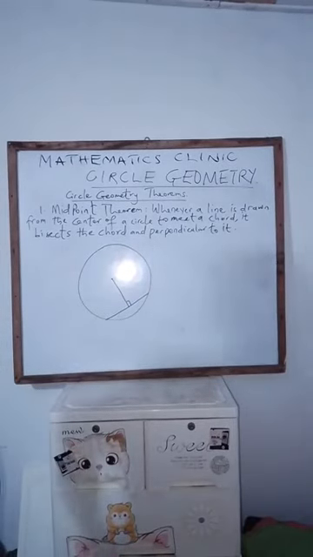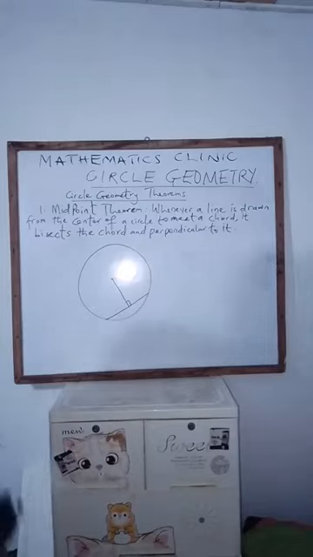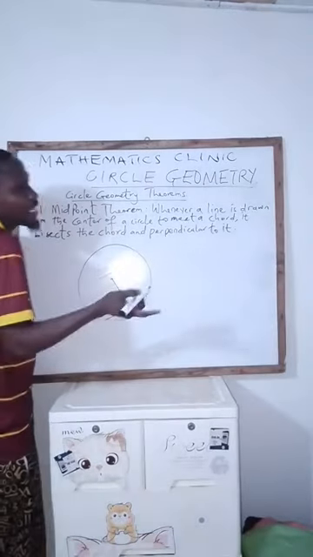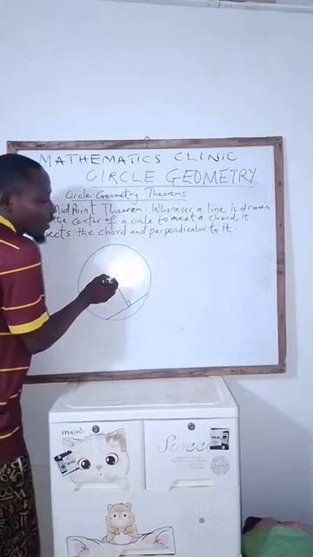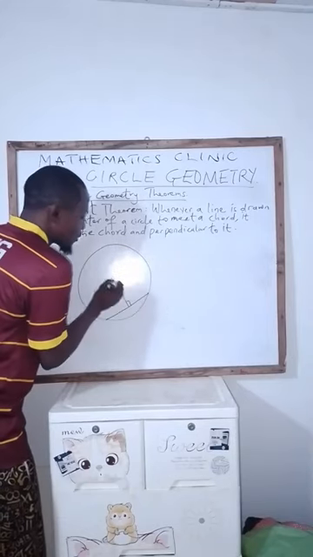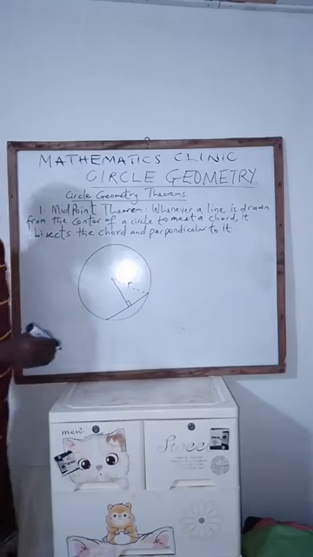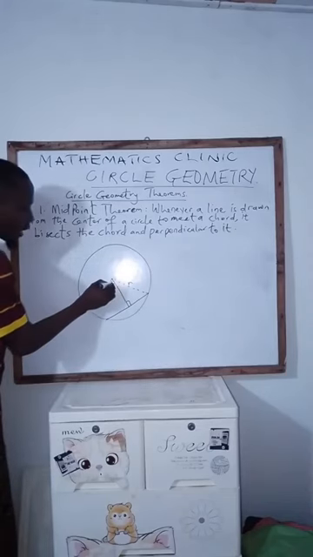Now, how do we apply this? Sometimes they provide for you, any line that is drawn from the center of a circle to touch the circumference is what? A radius. Meanwhile, I can also have another radius.